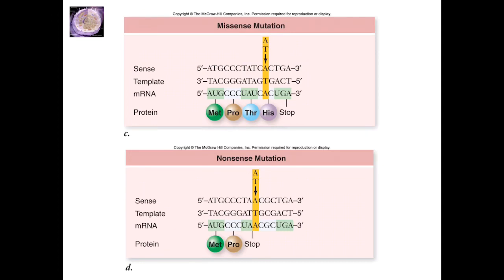So you only end up with half of the protein that you were supposed to get, and that is bad. That protein will not have the correct shape and not be able to do the correct function. This is called a nonsense mutation when there is a stop codon that occurs too early and truncates or shortens that protein's length.